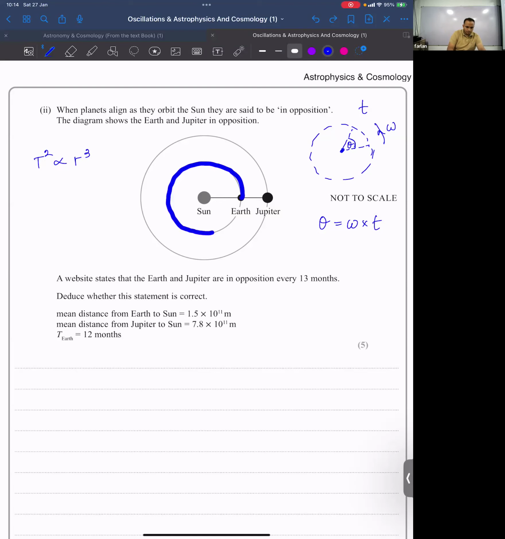So when Earth is completing the circle here, the Jupiter may be somewhere here. I don't know, somewhere, but still hasn't completed the circle.